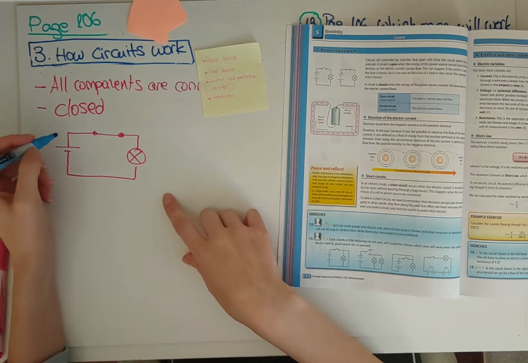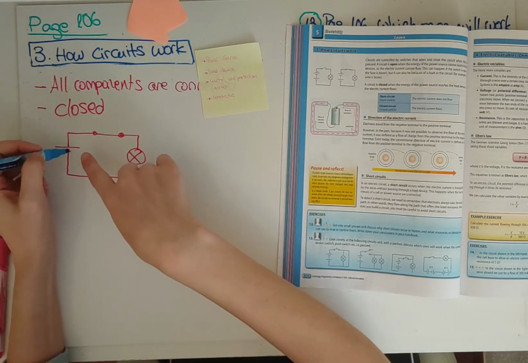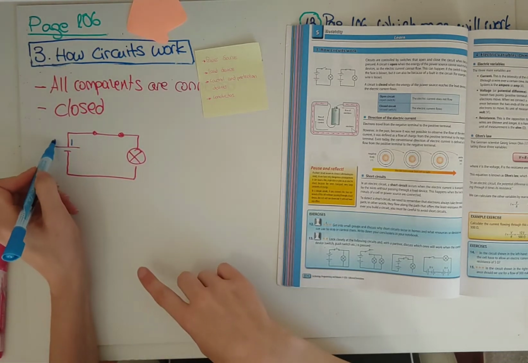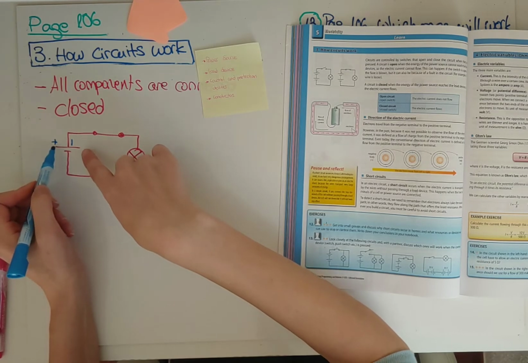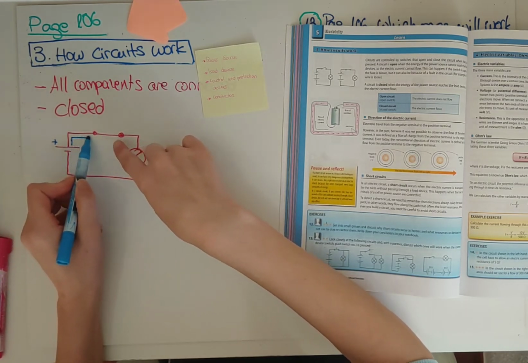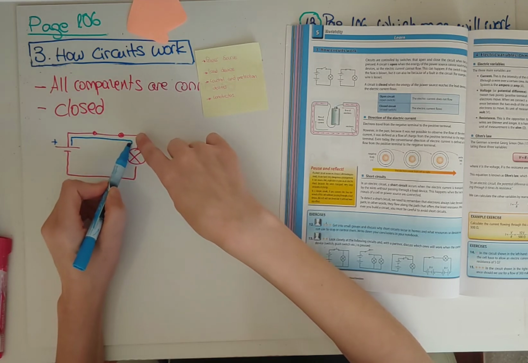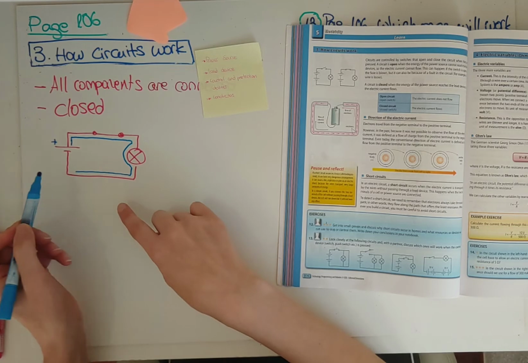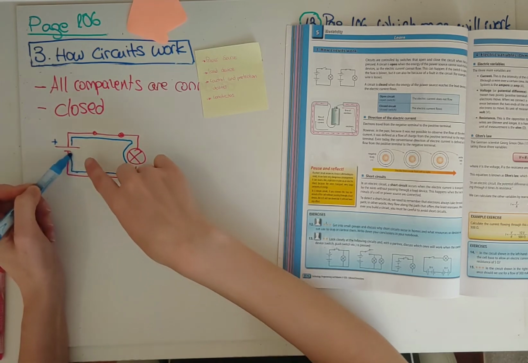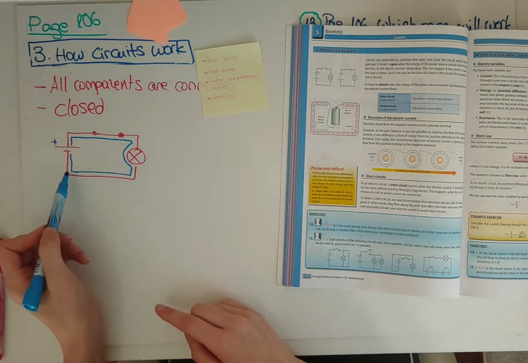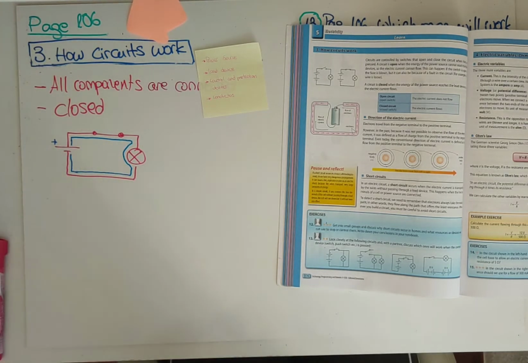It works because the current flows from the positive terminal, the positive pole of the battery, through the conductor, the lamp, and reaches the negative pole of the battery. So this circuit is closed. It works.